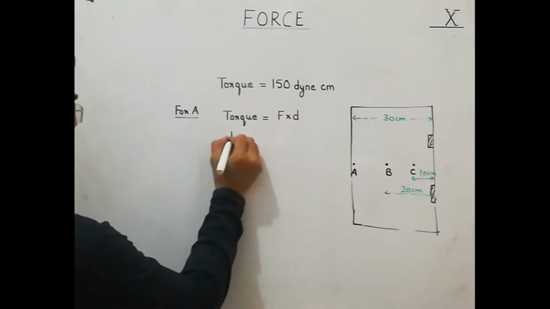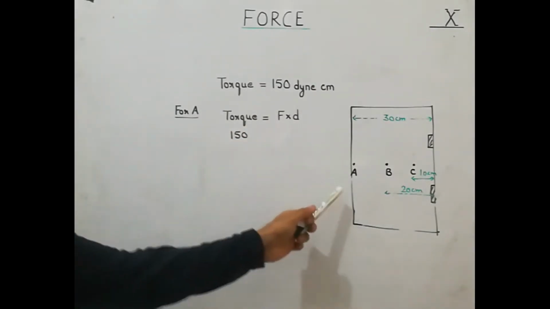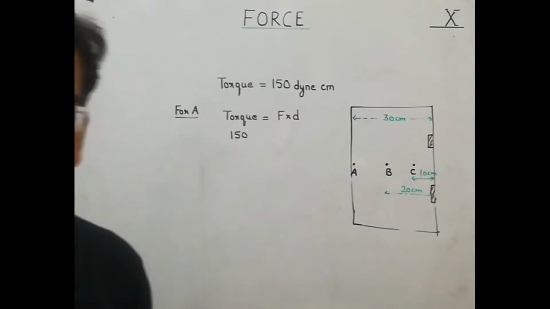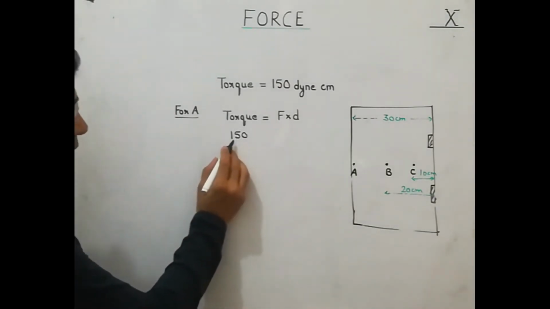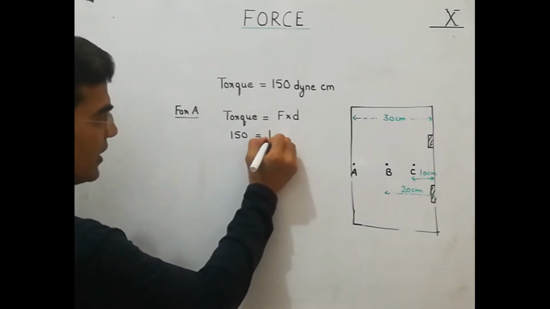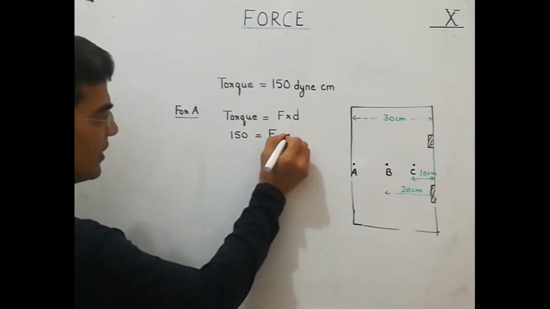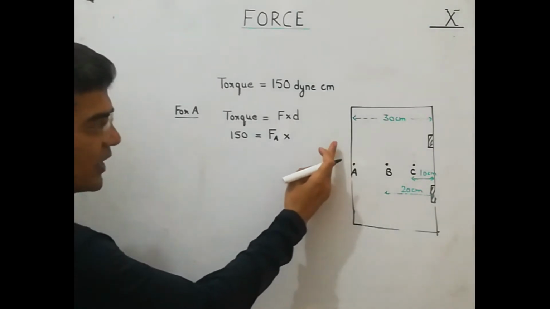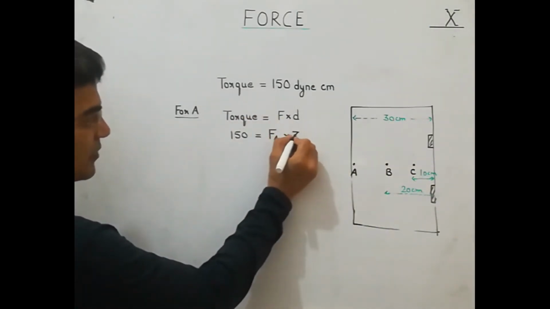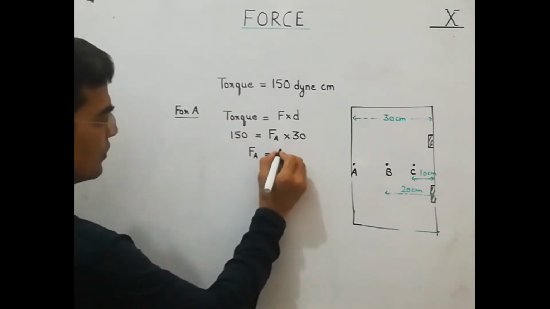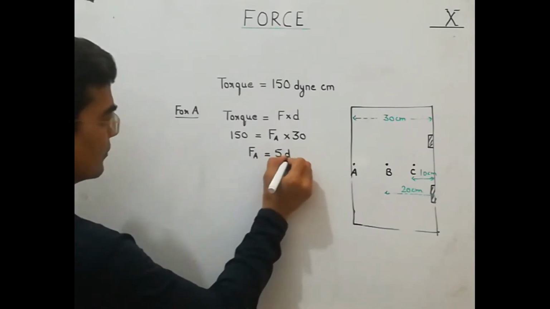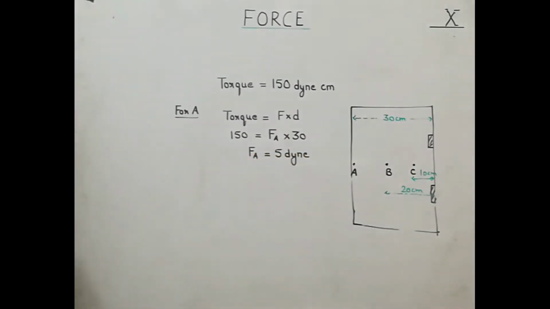And the torque is 150, because the minimum torque required to open the door is 150. That means each person has to apply the minimum torque of 150. So for A, torque required is 150. We are calculating the force applied by A into distance. Now A is applying the force at a distance of 30 centimeter. So A has to apply force of 5 dyne.